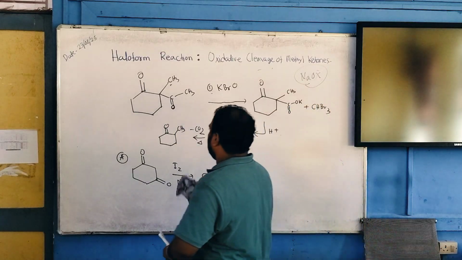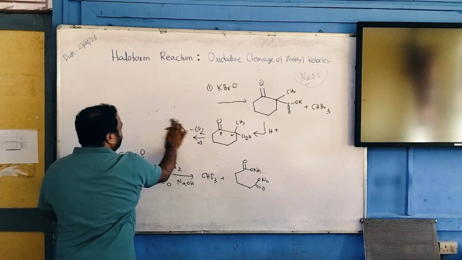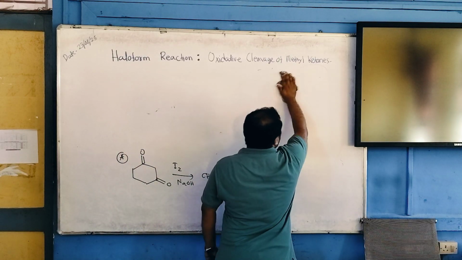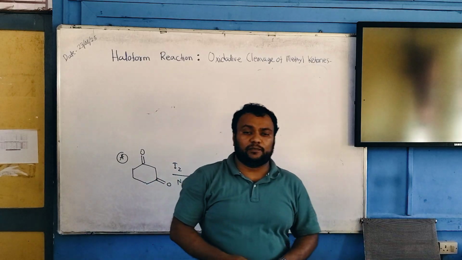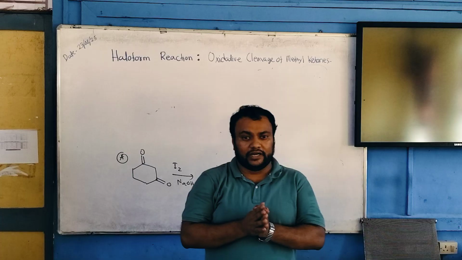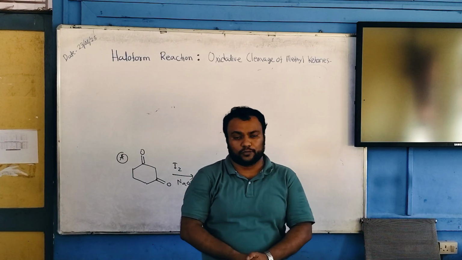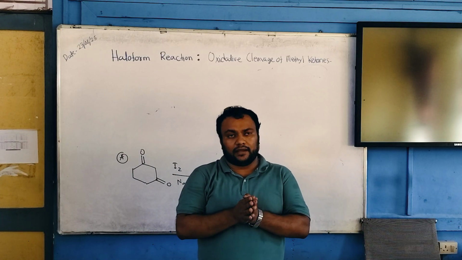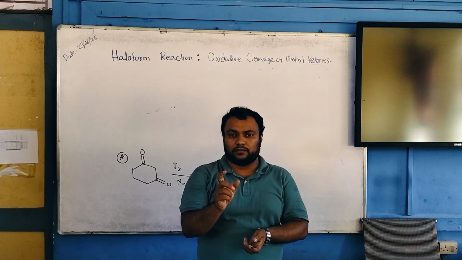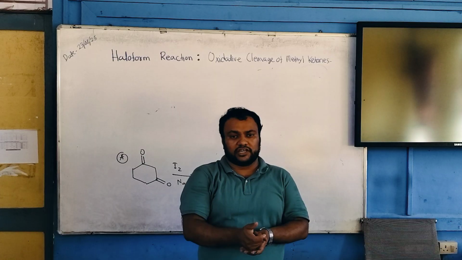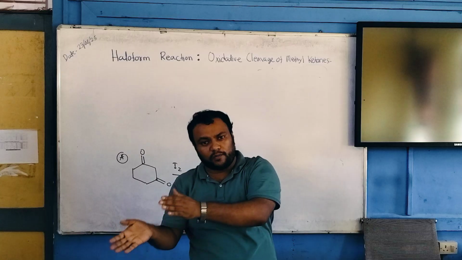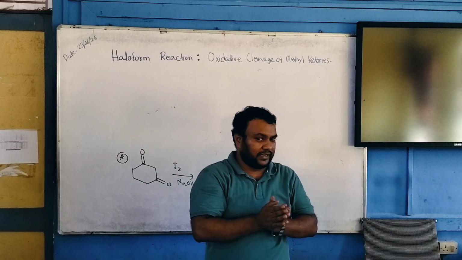Before I end, let me summarize. Today we have learned what is haloform reaction. Haloform reaction is nothing but oxidative cleavage of keto-methyl group, or methyl ketone. As I started, this haloform reaction is a specific oxidation reaction for keto-methyl group, where the methyl group will be converted into haloform, and the remaining part will be converted into carboxylic acid.